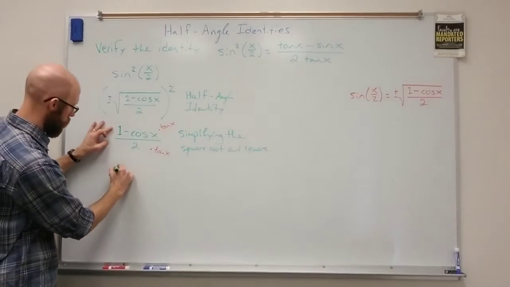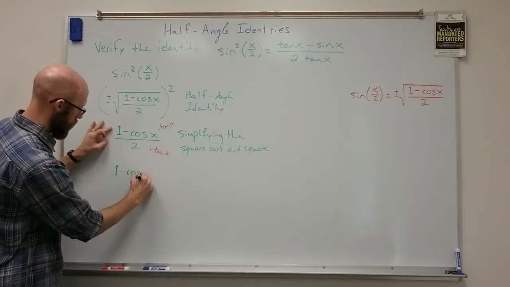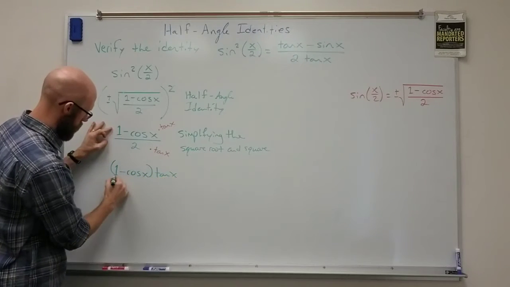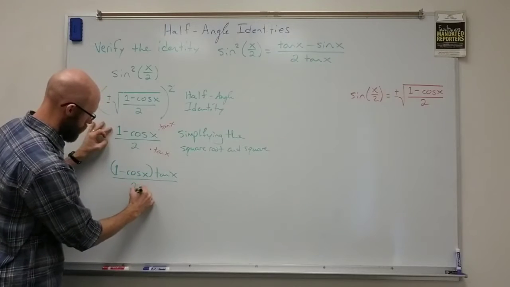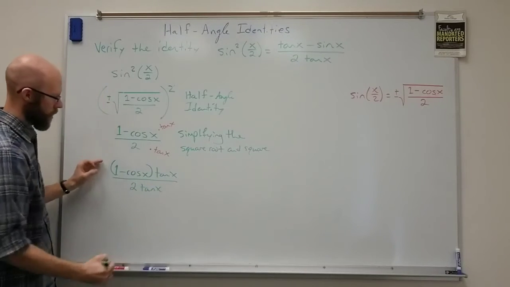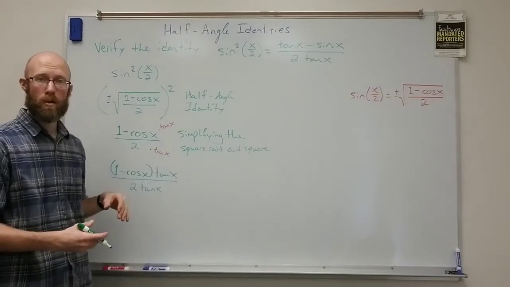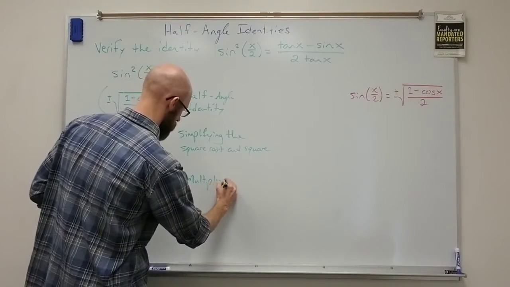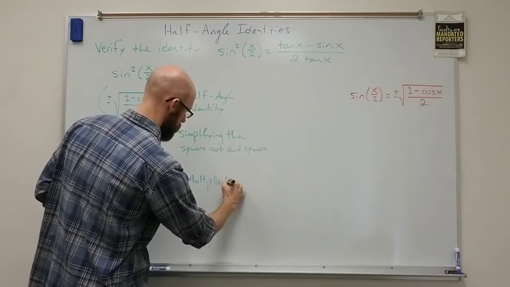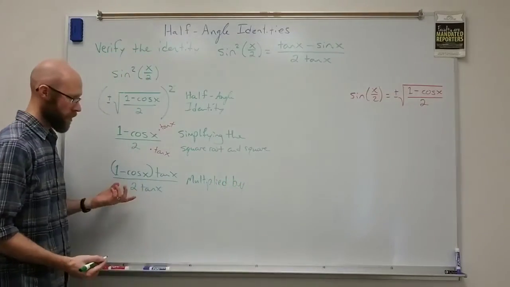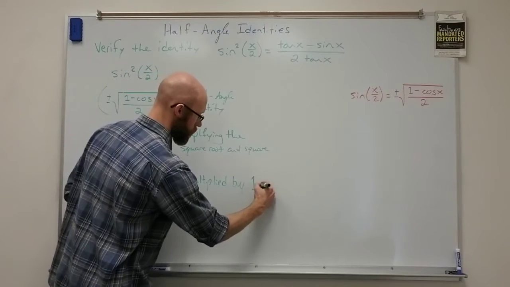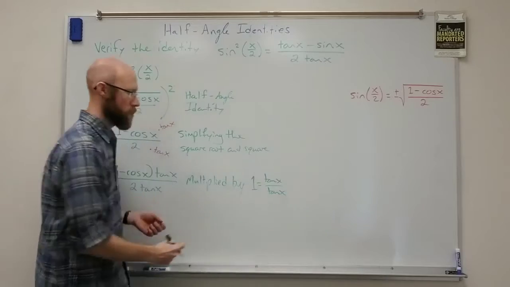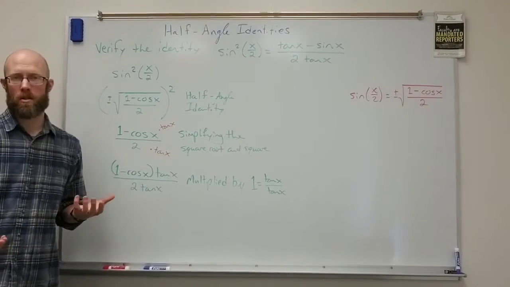So I'd have 1 minus the cosine of x all times the tangent of x all over 2 times the tangent of x. Okay, so all I've done is I've multiplied by technically just 1, right? It's 1, which is equal to tan x over tan x. Multiply top and bottom by tangent, which just is 1.